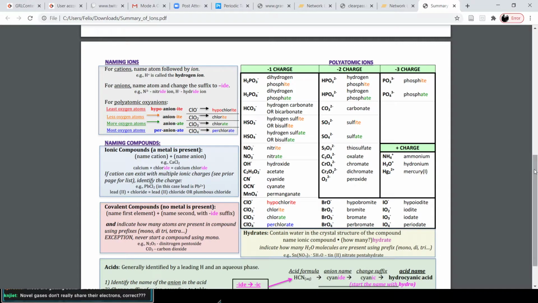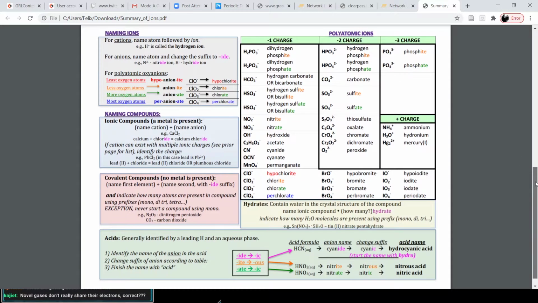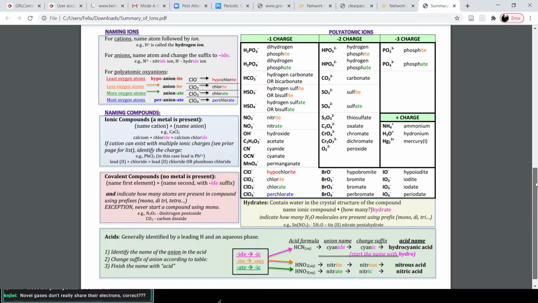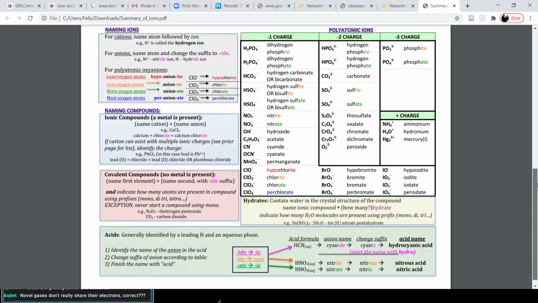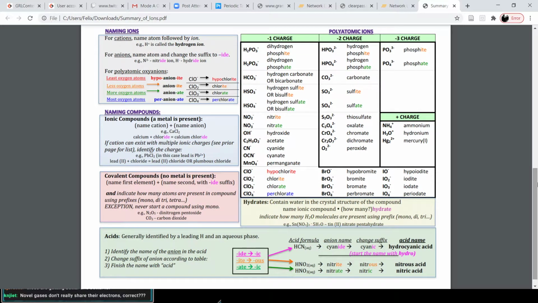On the left side of this chart are a bunch of rules for how to name compounds. We're going to go through these rules today and tomorrow. All of these rules are written out here, so it's super easy access for you guys to take a look at. We're going to have tons of practice with this.